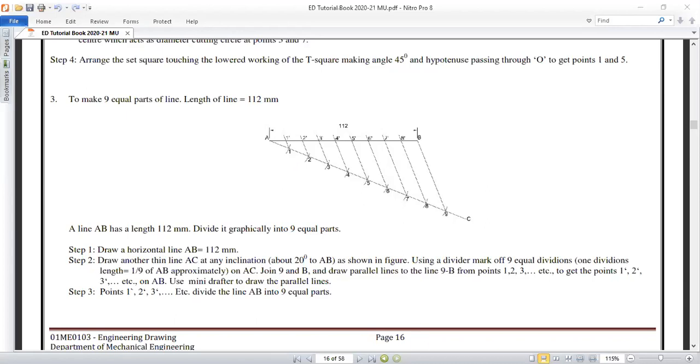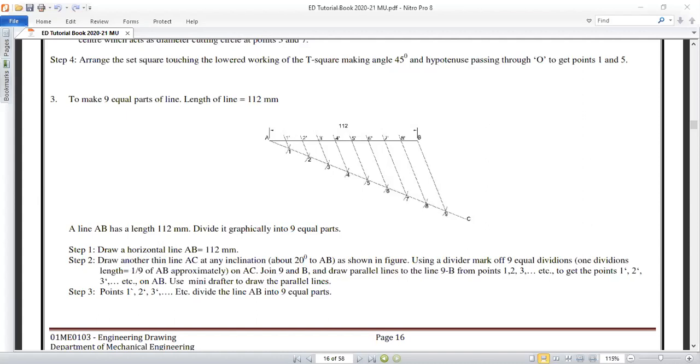So we can also get practice of this. For example, what we need to do is draw one horizontal line. Let us say the horizontal line is like this. I will draw from point 0 to 120, and I want to divide this into 9 equal parts.